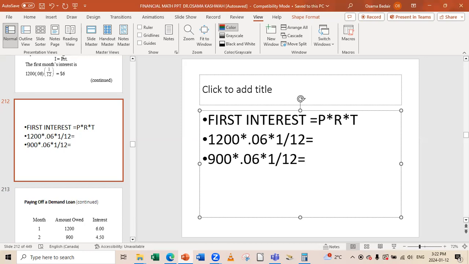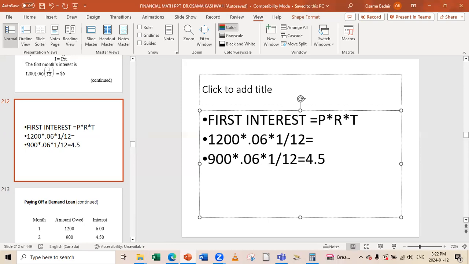So when you calculate it, that would be 4.5. So the interest here will be 4.5.